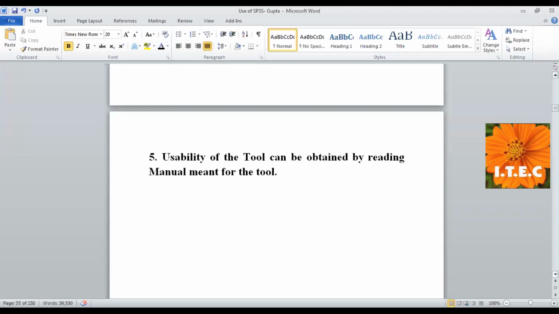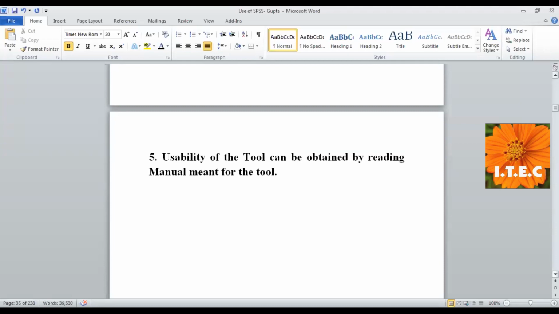How the scoring is to be done, what is the reliability, what is the... So all these types of information you will always find in the manual. So my simple suggestion is, please, before you think of using the tool, you must read the manual carefully.